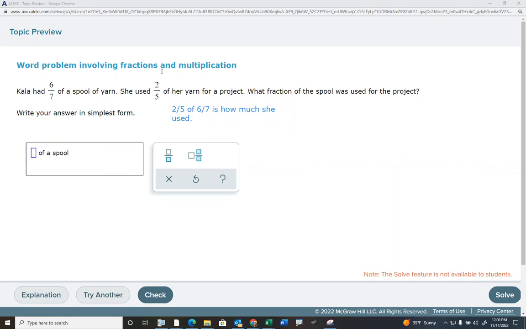So, well, the word of in algebra means multiplication. So this just means 2/5 times 6/7. You'll notice there are no top numbers that have a common factor with a bottom, so there's nothing to cancel up front. So 2 times 6 is 12, and 5 times 7 is 35, and so 12/35.